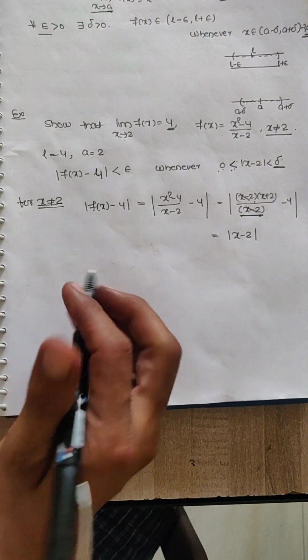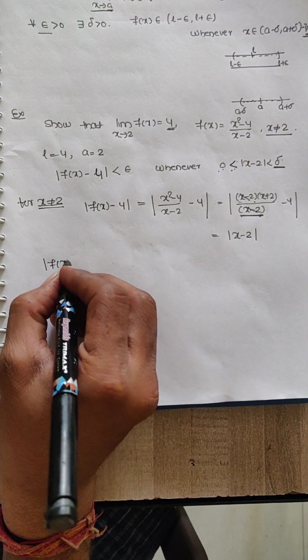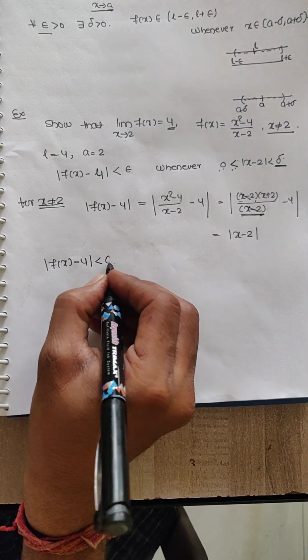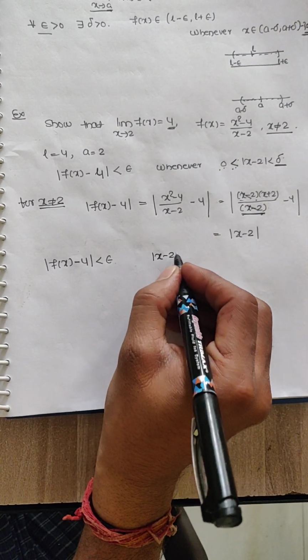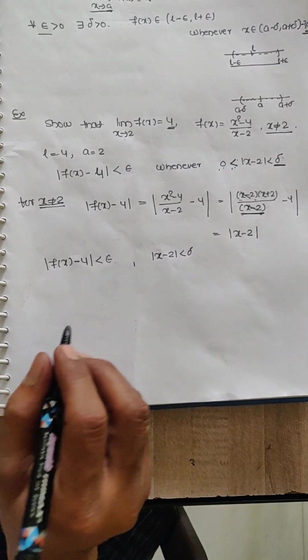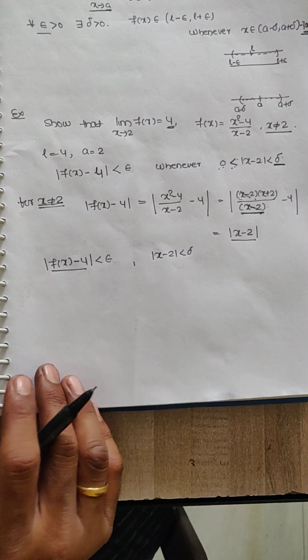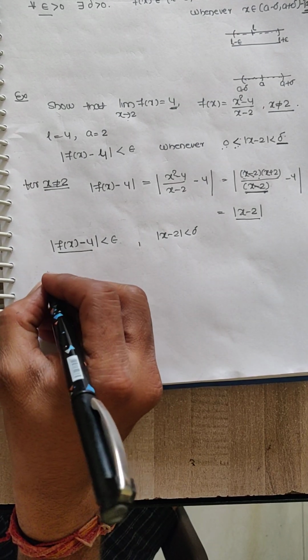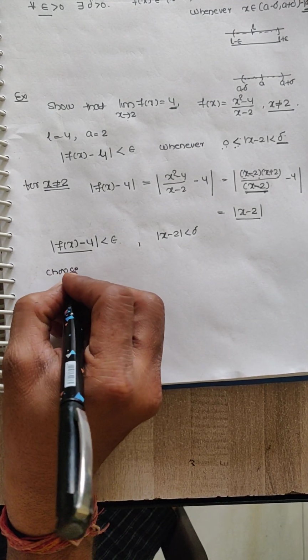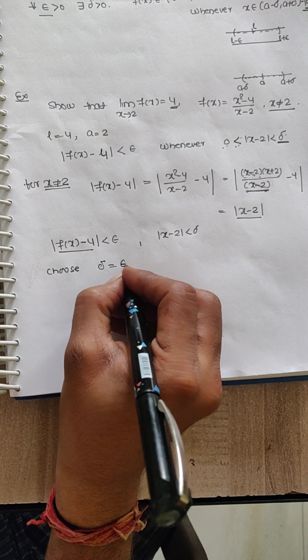So my aim is to show that mod f(x) minus 4 is less than epsilon whenever mod x minus 2 is less than delta. I observe that f(x) minus 4 is nothing but x minus 2. So I can choose delta equal to epsilon.